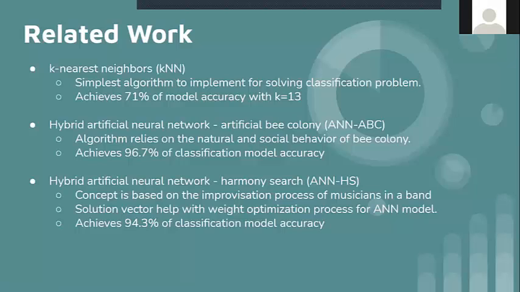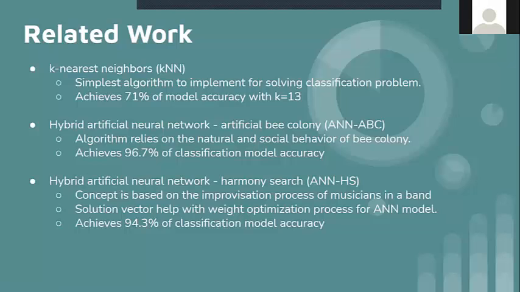These bees try to find the positions of these food sources to identify the possible solutions. So it's based on the actual social behavior of animals, in this case the bee colony. They were able to achieve quite a high classification accuracy, like 96.7%. That's pretty good.